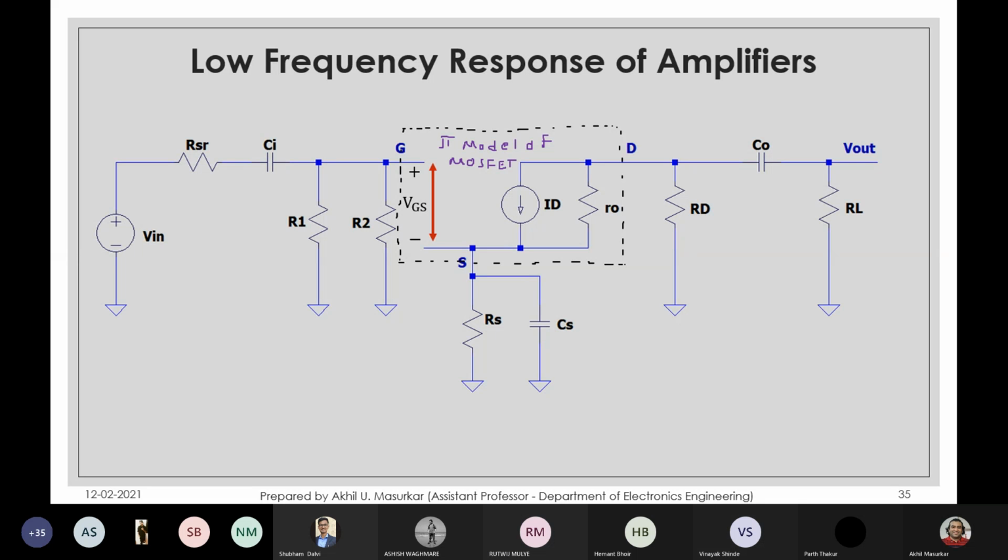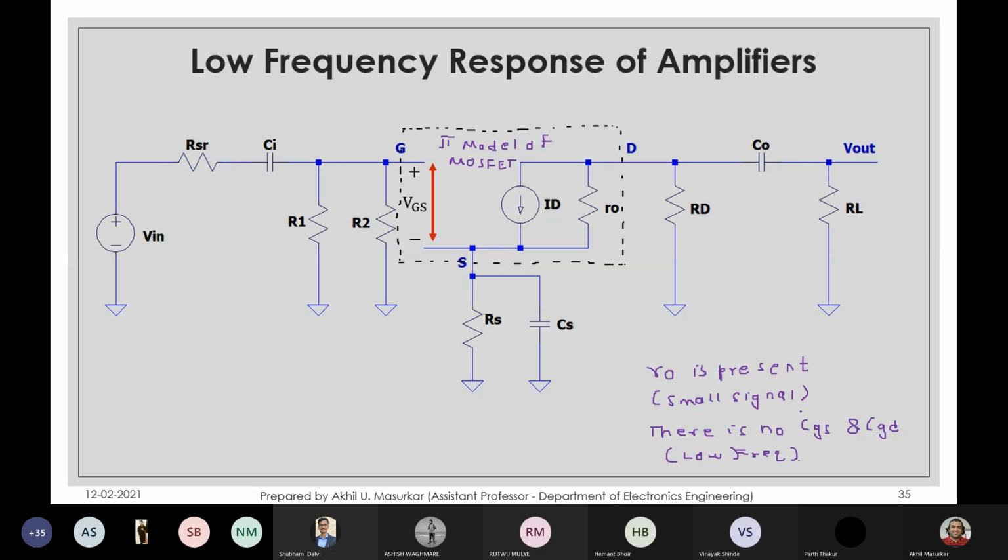That is right, because R0 is present. That tells me this is a small signal model. And you can see there is no CGS and CGD. That tells me this is low frequency. So low frequency small signal model.